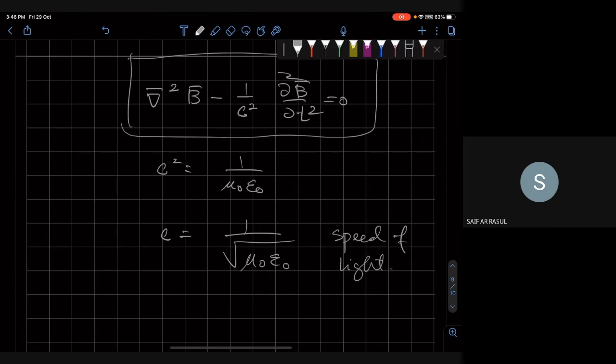And therefore, Maxwell's equations predict that light is an electromagnetic wave. Okay. Any question about the derivation?